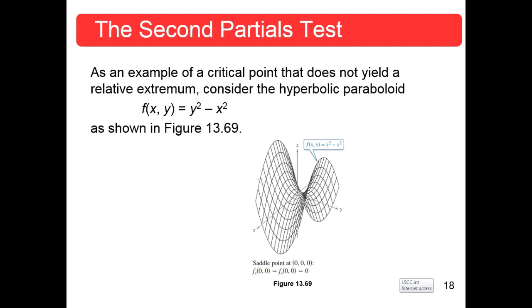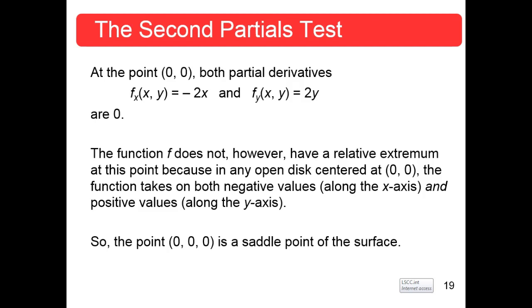But if you put a point other than 0, 0 in, like 1, 0, this would give you a minus. So you have a negative value going in the x-axis, it'd be going down. If you put a 0, 1 in, you'd have a positive value. So you see, it would not be a minimum or maximum. That's what we call a saddle point. Okay. At the point 0, 0, both partial derivatives are 0. So it makes it a critical value.